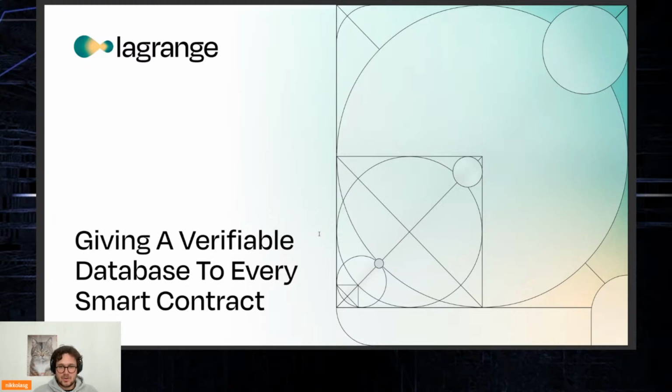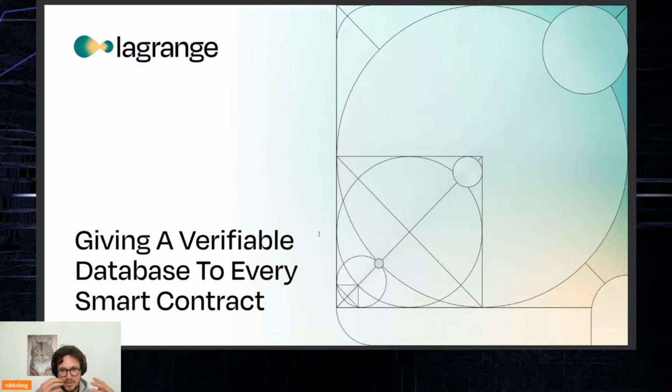So now I want to go into a little bit more detail on how it works. Once we've seen the high-level developer workflow, I want to go into what's really going on behind Lagrange, because it may seem like a magical oracle thing behind the scenes, but actually it's fairly complex, and because we use a proof system, you can be guaranteed that the result is correct, but you need to understand how it works underneath.